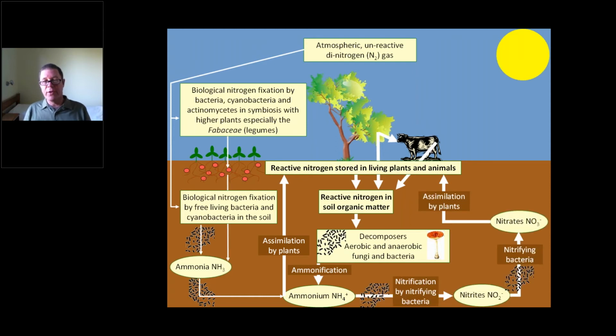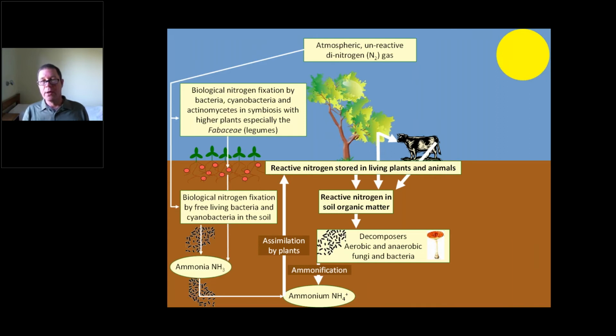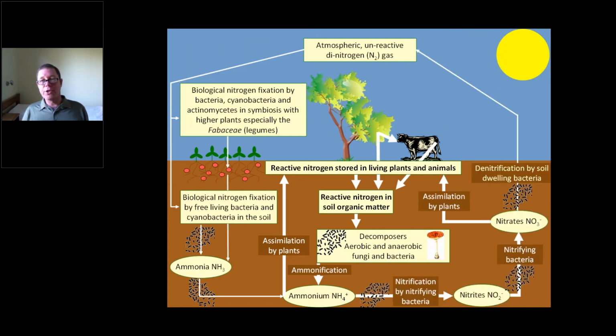Ammonium can also be converted into nitrites and then nitrates. Nitrates are the other form that can be assimilated by plants, but they're also negatively charged. So nitrates are the form of nitrogen that leaches from our soil if there is drainage, excess water in our soils. And nitrates are also the form that are denitrified, turning those reactive forms of nitrogen back into unreactive atmospheric dinitrogen.